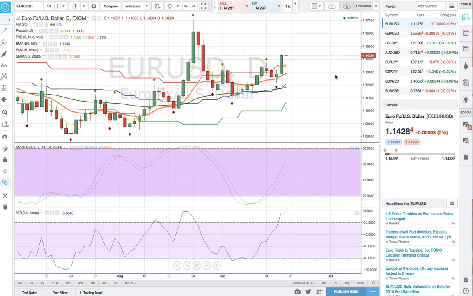Now, this has created a little bit more concern over whether or not they need to raise rates at this time. They've made a decision not to. That means that the dollar has lost some definite strength against the euro and other major currencies as well.